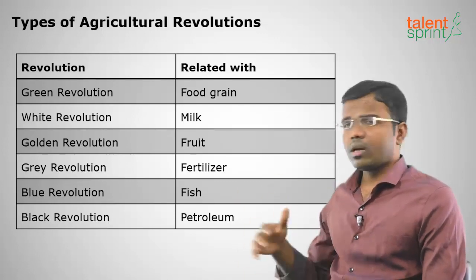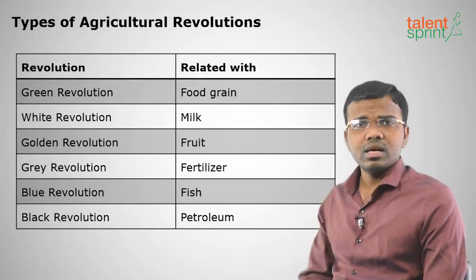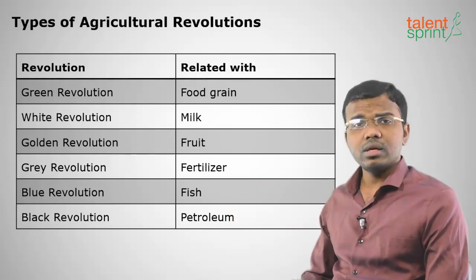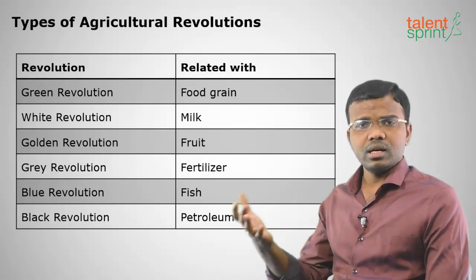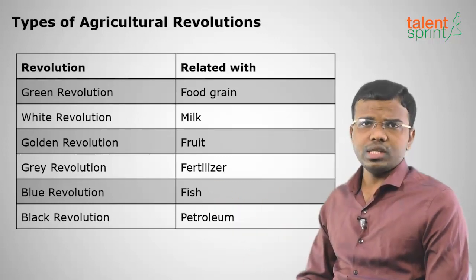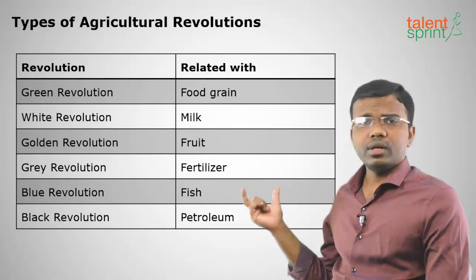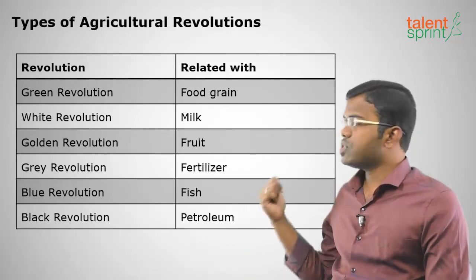High quality seeds and high yield giving seeds were practiced, and they got the higher yield. So Green Revolution is very successful in India, particularly in the states of Punjab, Haryana, West Bengal, Andhra Pradesh, etc. So the father of Green Revolution in India is M.S. Swaminathan. And next is white revolution.